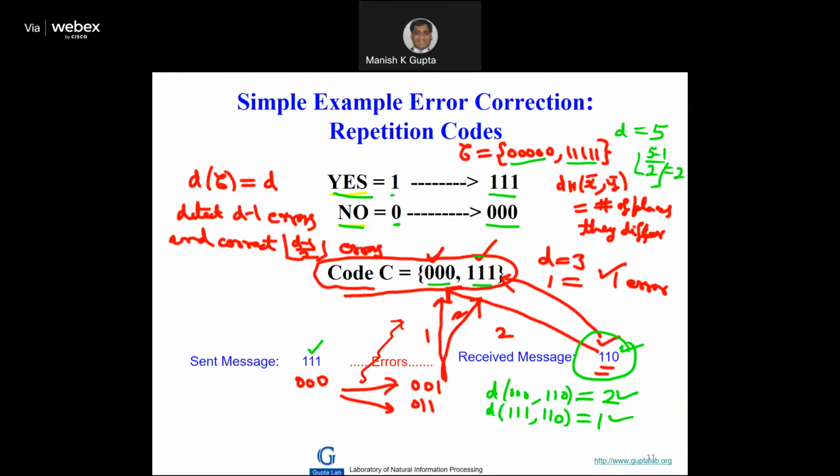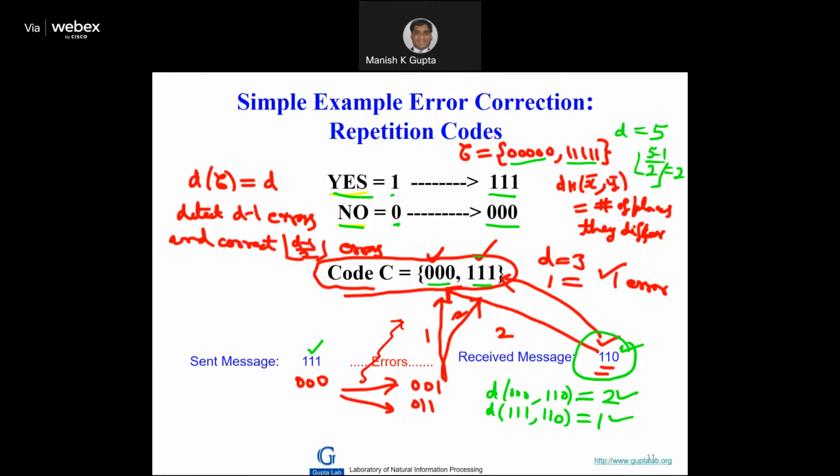So this 1 will be 1, 1, 1, 1, 1, 5 times, and 0 will be 0, 0, 0, 0, 0, 5 times. Then you will be able to correct 2 errors with the same method, right? If I have to correct 3 errors, how many times do I need to repeat? 7 times. Now you are getting an idea.